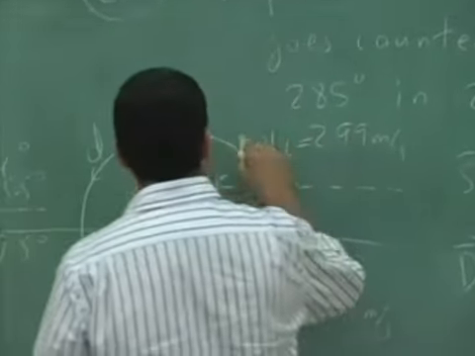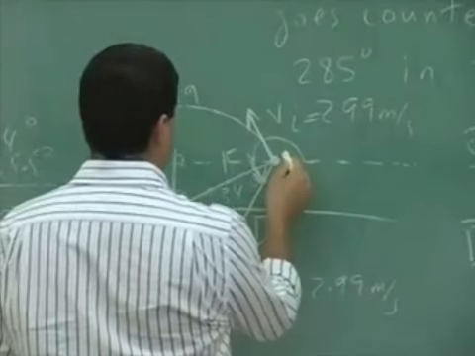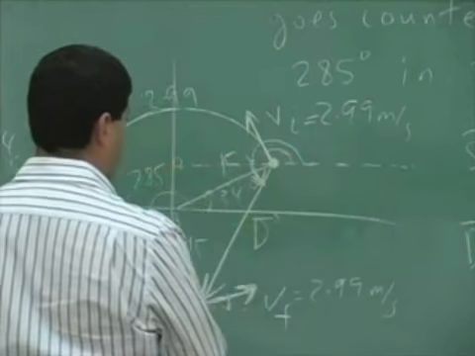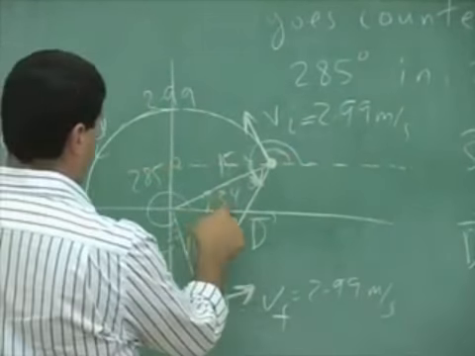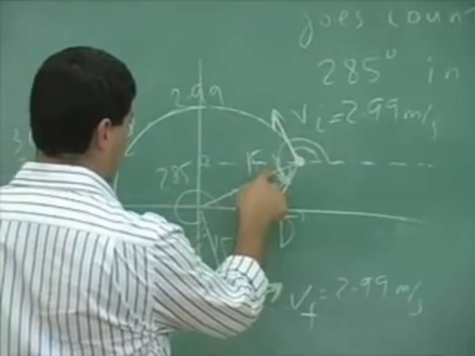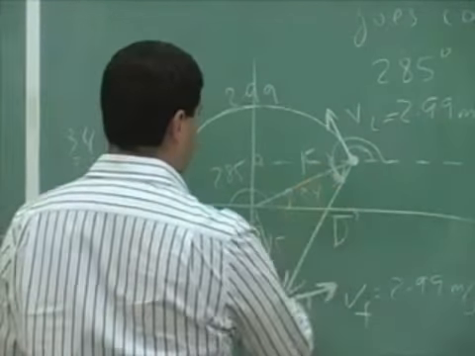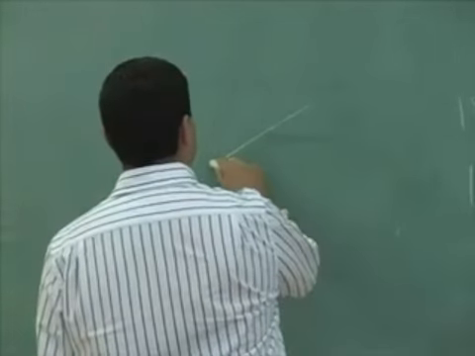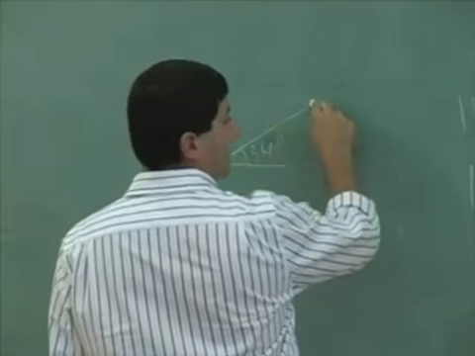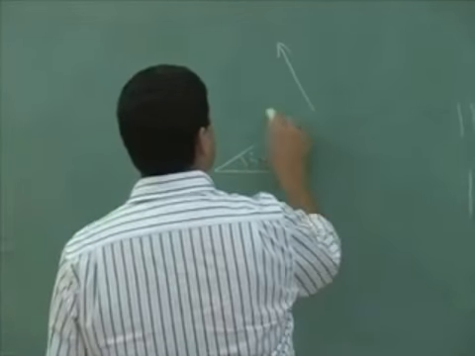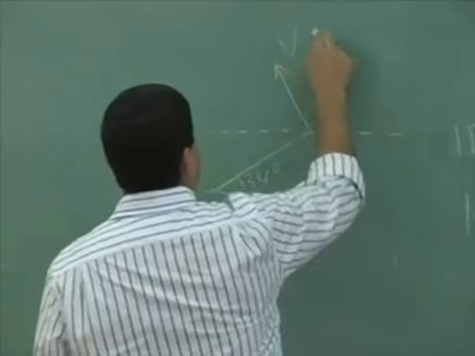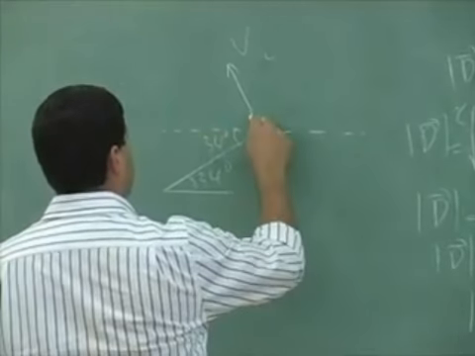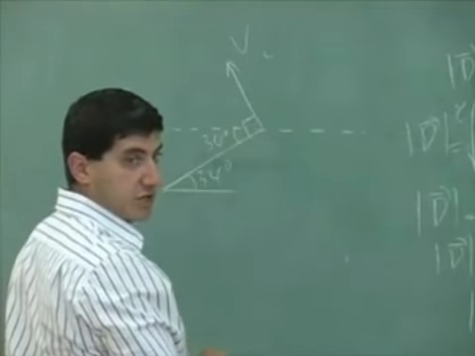Okay, so now V initial is what? We need this angle here. So now we have a 34. This is 34. Let's write it here. If this is V initial, and this is 34, this is also 34. And then this is a 90-degree angle because the velocity vector is tangential to the circle.